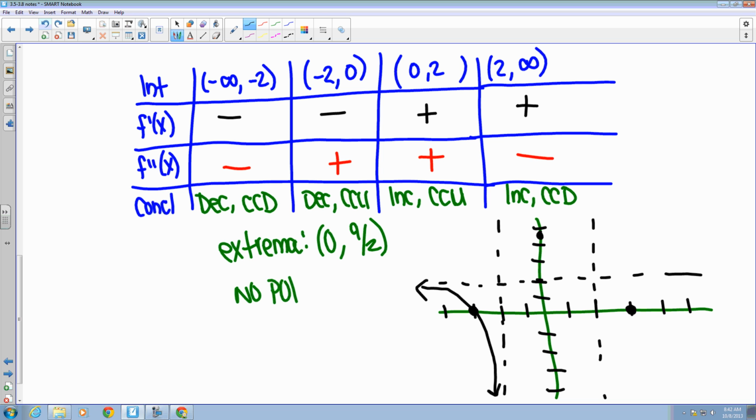From -2 to 0, so from the vertical asymptote of -2 to our minimum, we are decreasing and concave up. And then from our minimum to 2, we are increasing and concave up. And then our last little section from 2 to infinity, we are increasing and concave down. So it's going to look really similar to the other half of this.